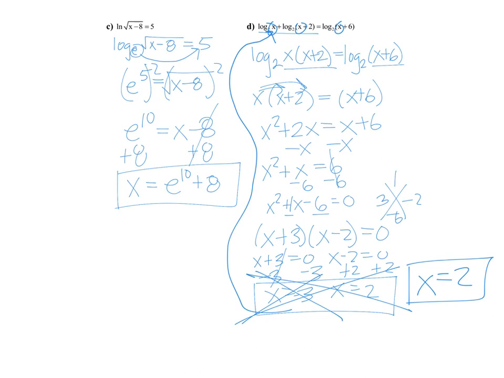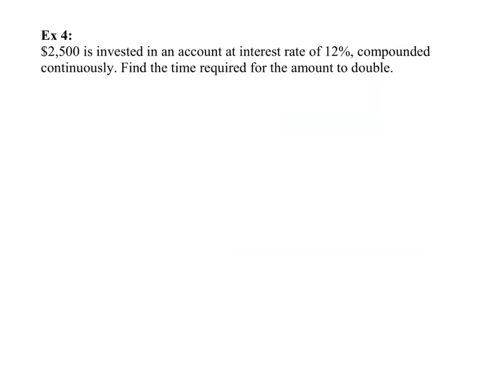All right, going on to the next problem. And the last one. So $2,500 is invested in an account, interest rate 12%, compounded continuously. So you have to use that formula. A is equal to the principal times e to the rt power. Now the principal is 2,500.